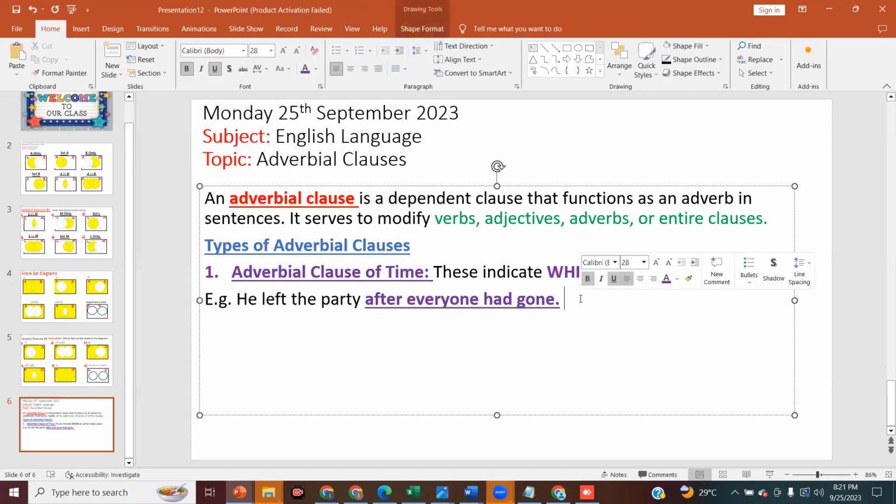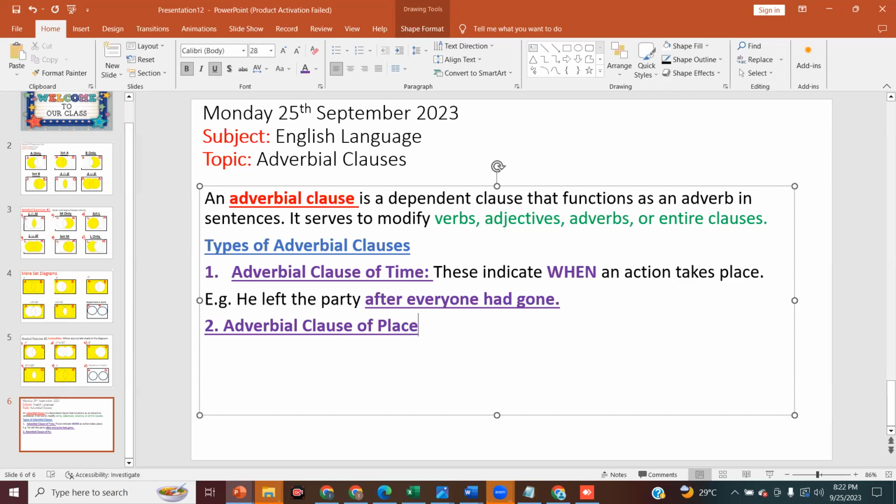The next type of adverbial clause that we have is the adverbial clause of place. So we have the adverbial clause of time and we have the adverbial clause of place.